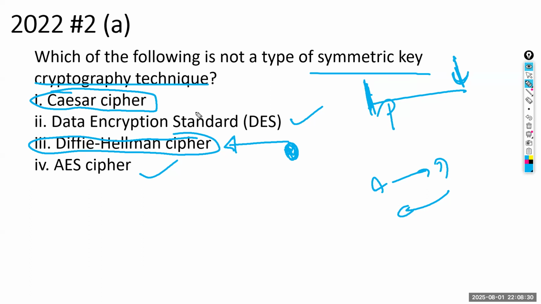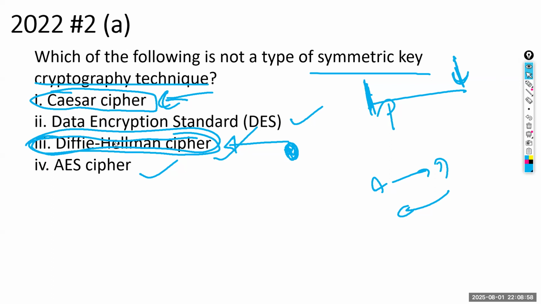But anyway, it's symmetric, and usually you have only one answer. But this is definitely not an algorithm. This is a key distribution protocol. So therefore, we need to take that. This is a little bit debatable because Caesar cipher doesn't have a key actually, but it's symmetric, right? I think the examiner will go for Diffie-Hellman because Diffie-Hellman is not an encryption decryption algorithm.